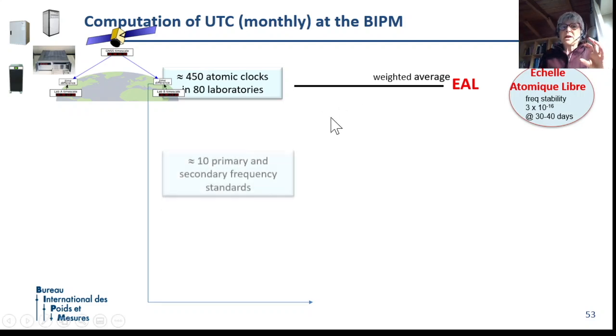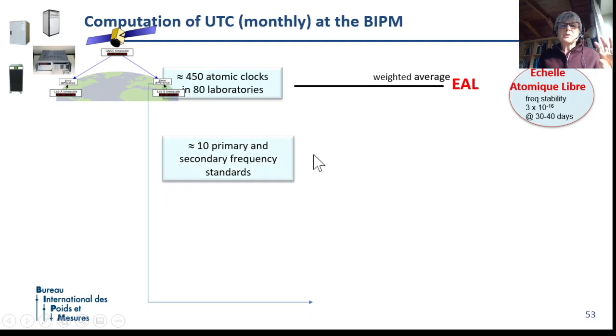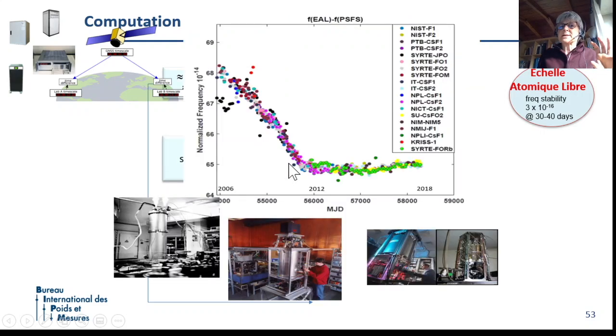So we have a second step. You remember I spoke of the primary frequency standards, these structures which are very complex and very accurate. They are the reference for calibrating the ensemble time that maybe is drifting away. As you see there, it was going down and, measured by the primary standards, it is corrected to be as accurate as possible.